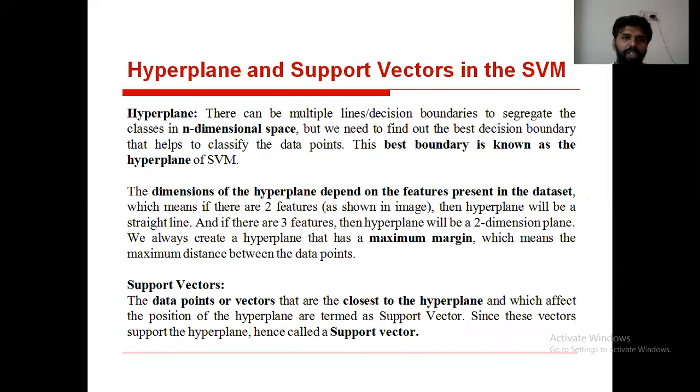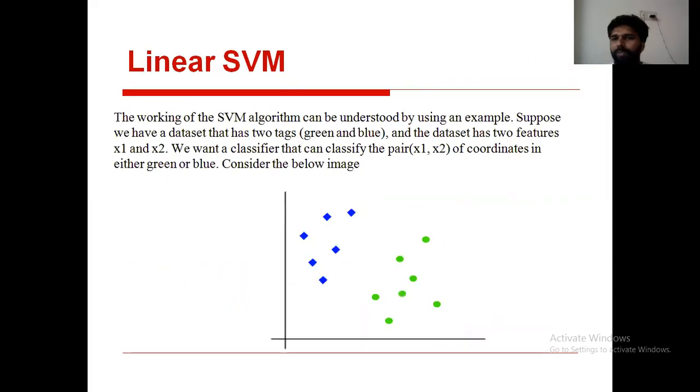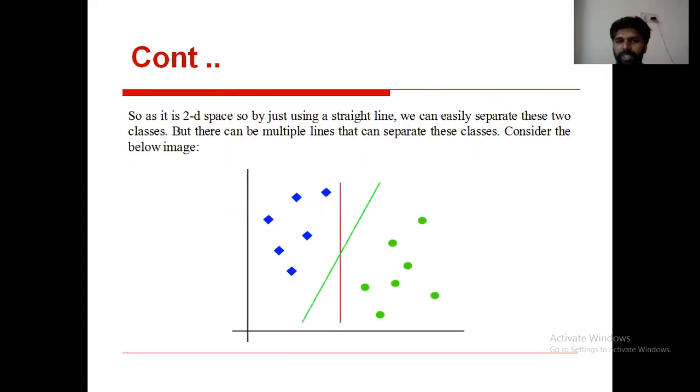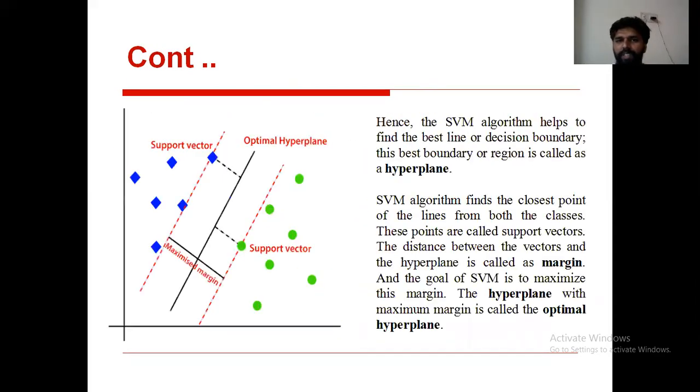Till now, what did we discuss? We discussed what is a hyperplane, what is a support vector, and how the decision boundaries are calculated. Then what are the differences between linear support vector machines and non-linear support vector machines, with the diagrams we discussed, right? In this presentation, we also discussed the optimal hyperplane.